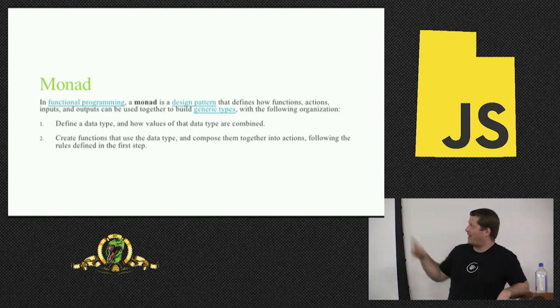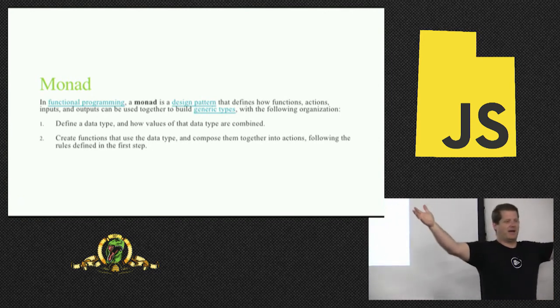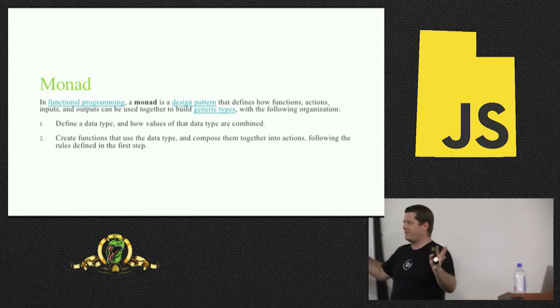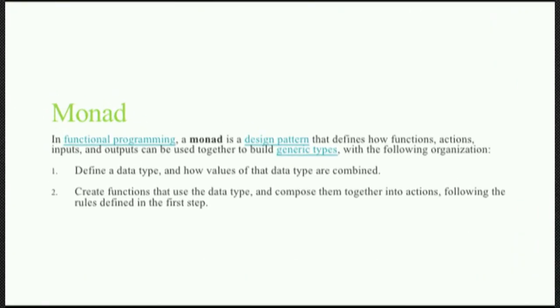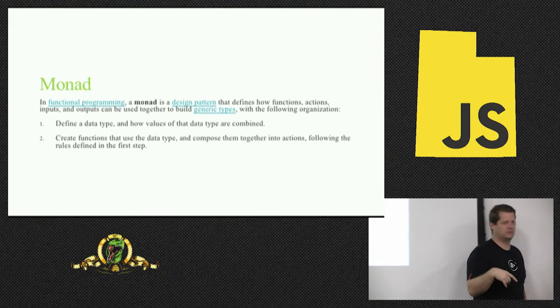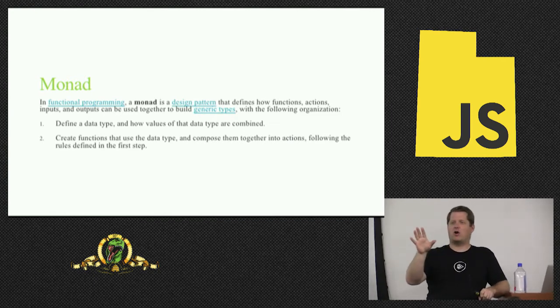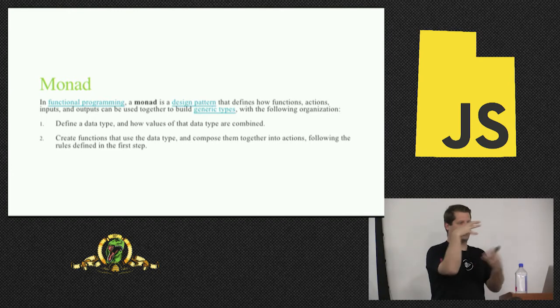So in functional programming, a monad is a design pattern. Let's stop right there. It's just a design pattern. Just like any other design pattern that's out there, a monad is just a design pattern that defines how functions, inputs and outputs can be used together. Stop right there. What do we have in the OO world, and I know it's not the same thing, don't worry, that's inputs, outputs, functions, types, all kind of mixed together?